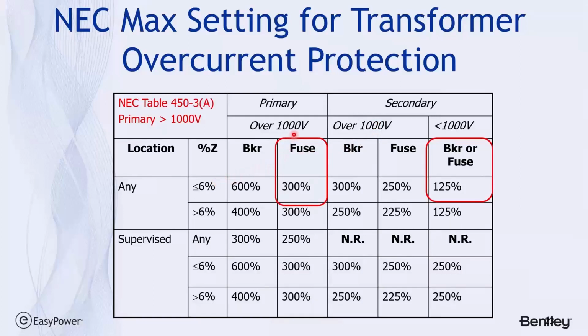We're using a fuse. The primary is over 1,000, and the secondary is under 1,000. So the maximum is 3 times the full load current rating, and 1.25, or 125%, of the secondary rating.